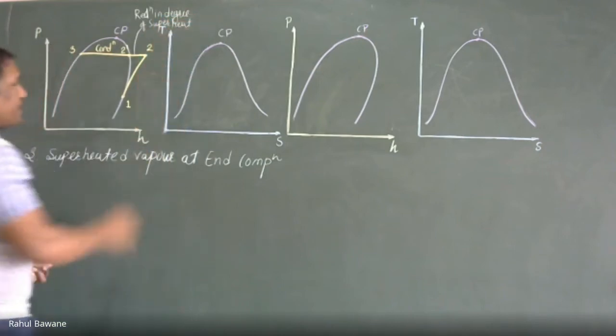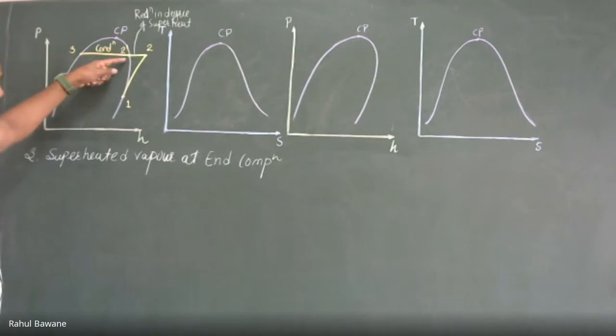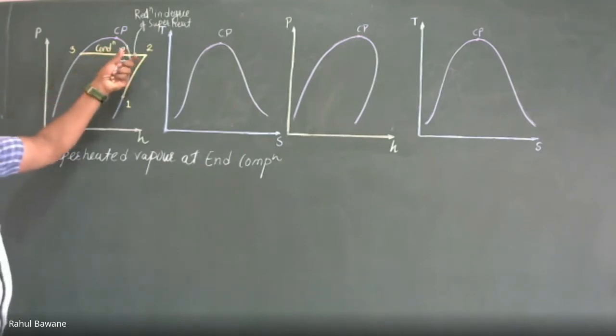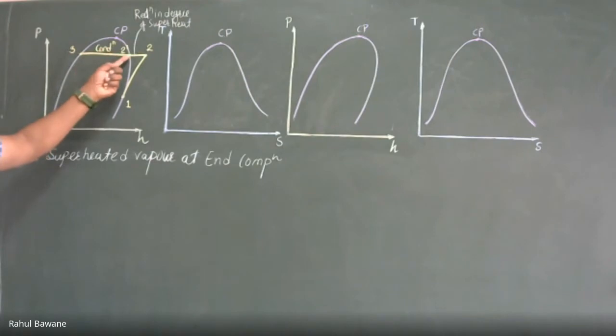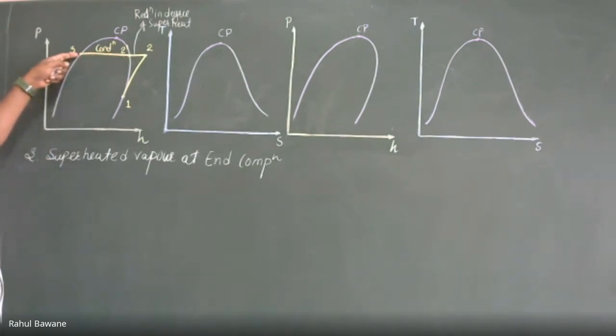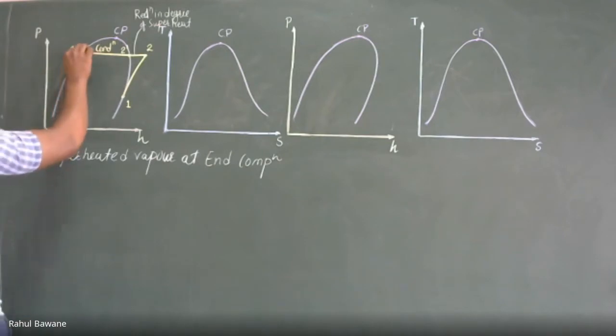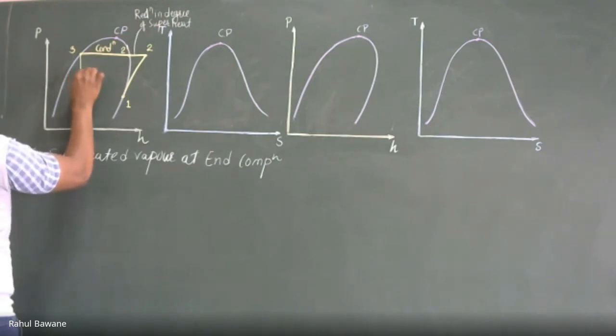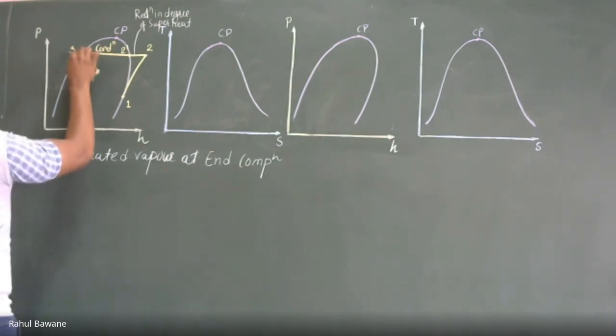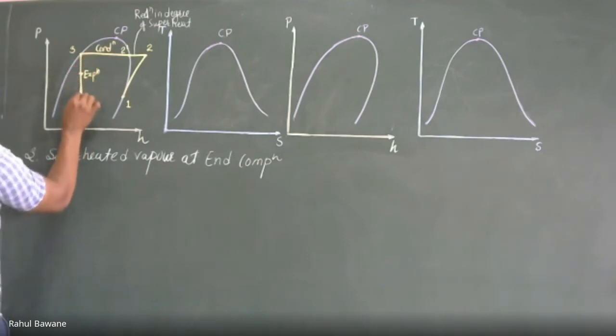So your superheated steam is brought back to dry saturated condition first by extracting sensible heat, and then we extract latent heat, so it gets converted into liquid form, and at the end of condensation it reaches saturated liquid. Then it is passed through the throttling valve or expansion valve, so enthalpy remains constant. This is the expansion process, and it reaches point 4.